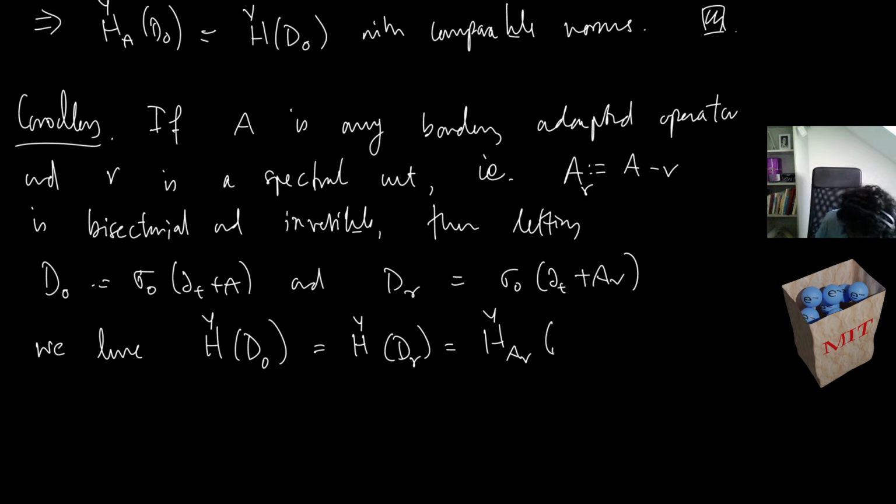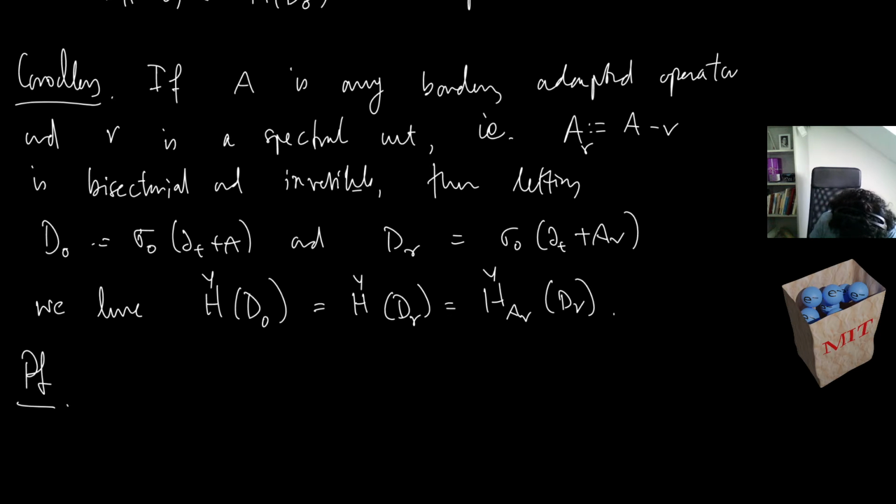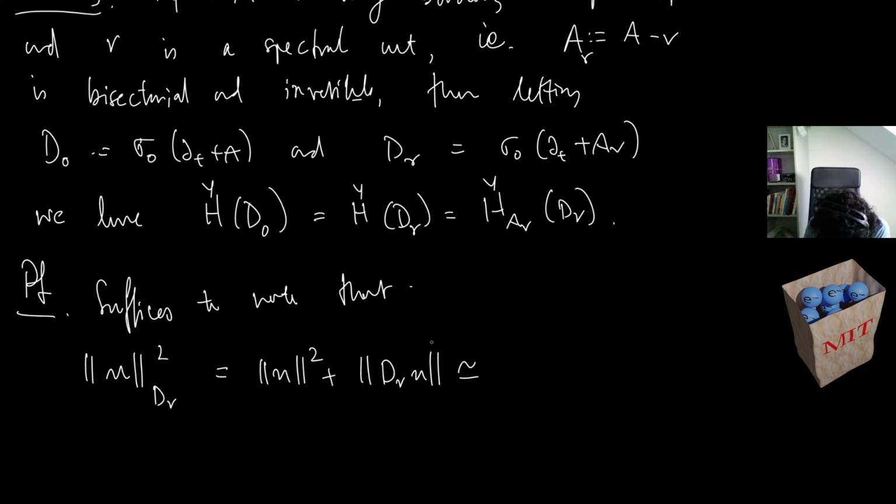Okay, so why is this true? Well, it's actually very easy, right? Here we've done nothing but perturb our original operator by a constant. So it suffices to note that the graph norm of D_R, which is u plus D_R of u, is now comparable, the squares, to D_0 of u.